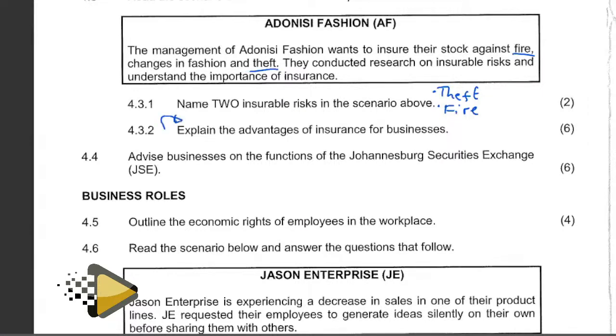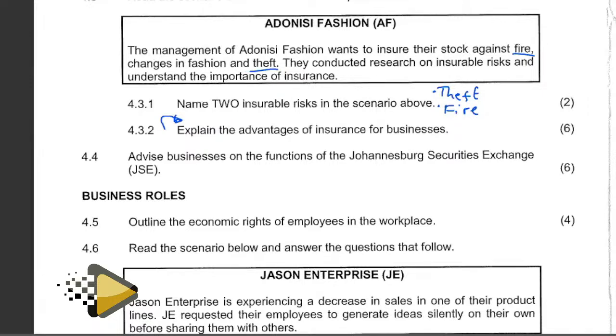What is the importance of these insurances to businesses? Normally, insurance transfers the risk from the insured to an insurance company. It also protects businesses against dishonest employees, and against losses due to death of a debtor.